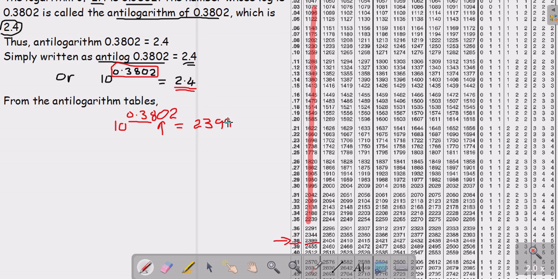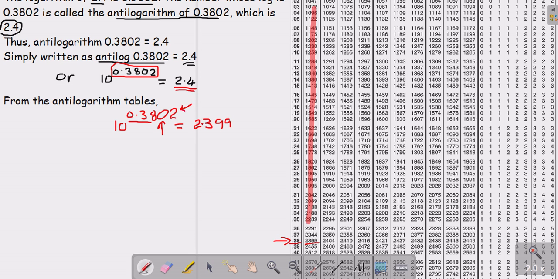When you write them down, you put a decimal point between the first two digits, 2 and 3, so that the answer becomes 2.399.